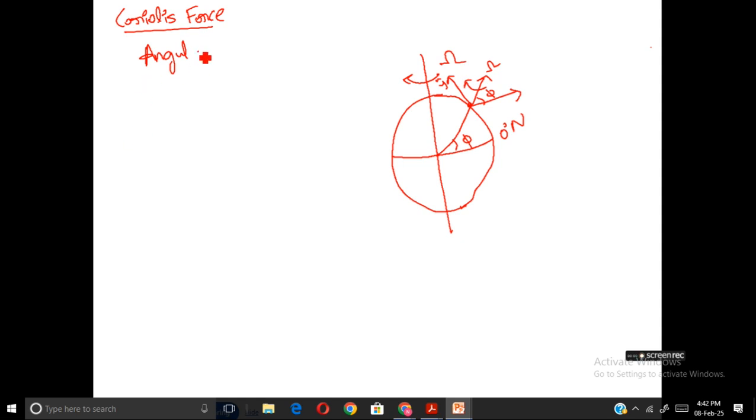So the angular velocity acting on the body at a latitude phi can be given as, so it basically will have two components. It can be given as omega cos phi j plus sin phi k.